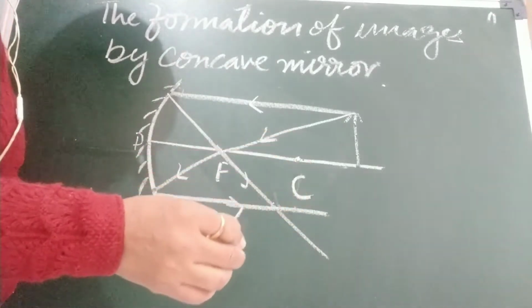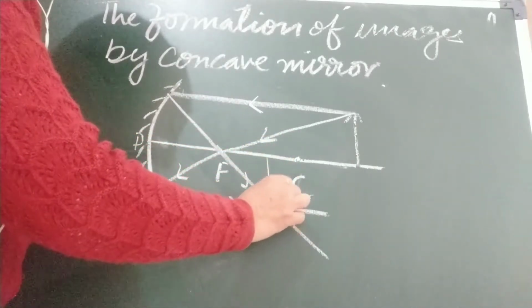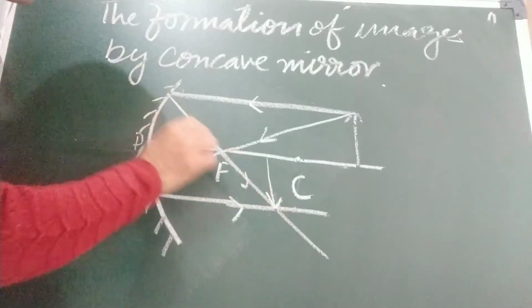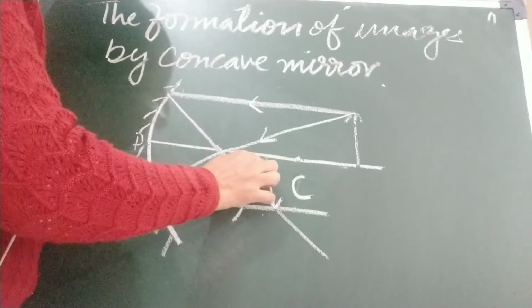Here it is meeting between C and F. Where these two rays after reflection meet, the image would be formed.